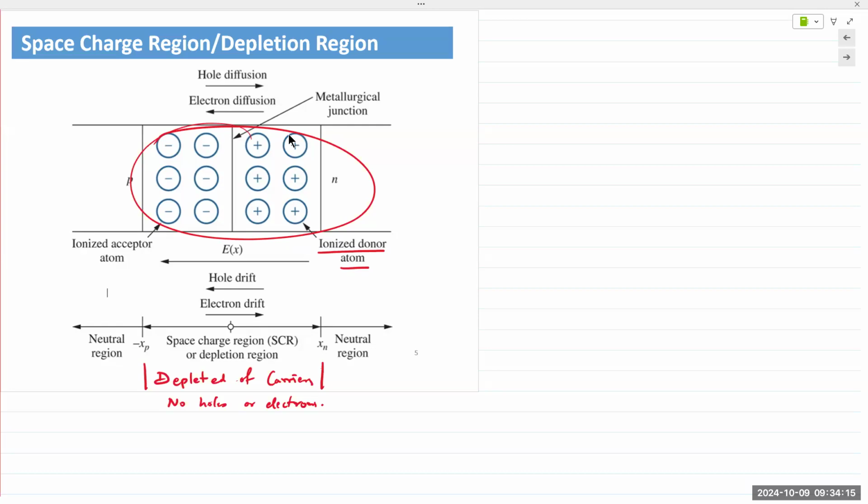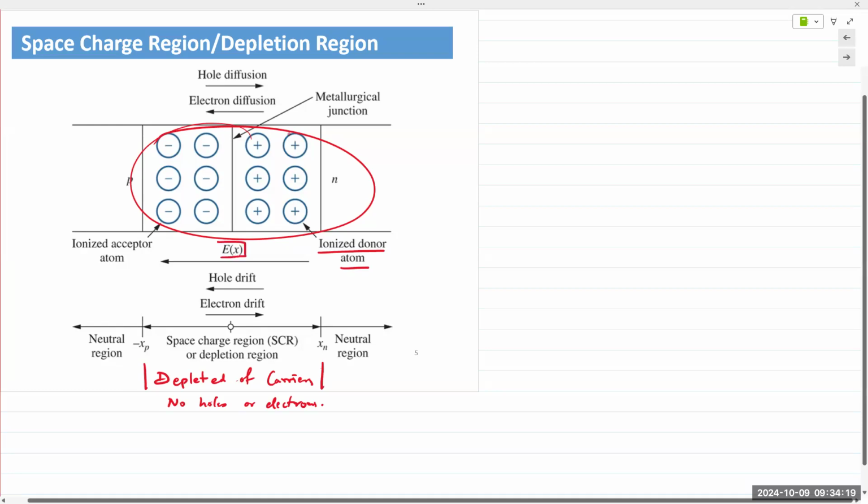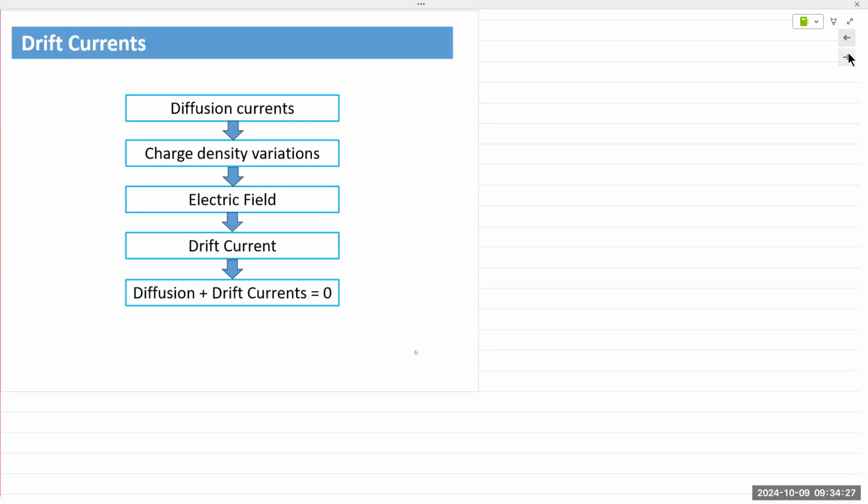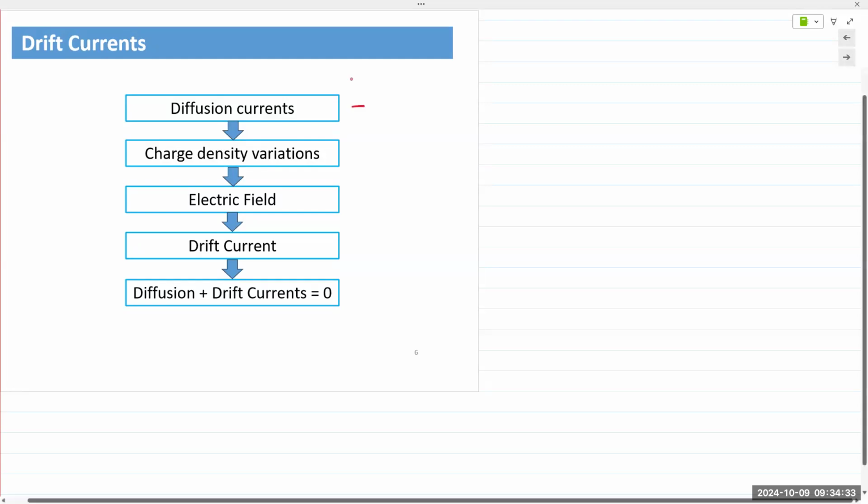And so what happens, and keep an eye on this, is that first, because of the concentration gradients, we have the difference in concentration, we have diffusion currents that take place. So the diffusion mechanism gives rise to diffusion currents due to concentration gradients.